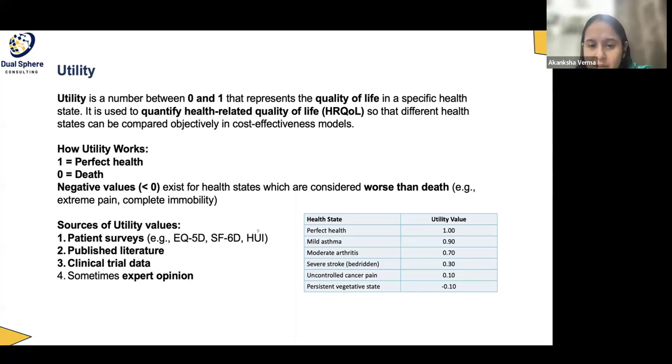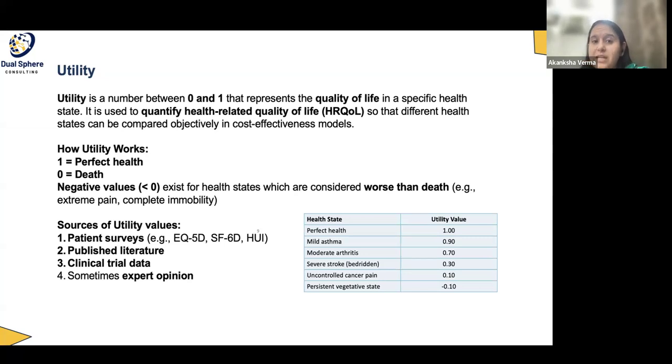Okay, so here in the table on the right, we have provided an example of different utility values for different health states. For perfect health, it would be 1. For mild asthma, it is 0.9. The situation is not severe, so mild asthma, 0.9. If a patient has arthritis, you will find the patient is more immobile, right? He will have difficulty in doing his daily tasks, and then his utility value is 0.7.